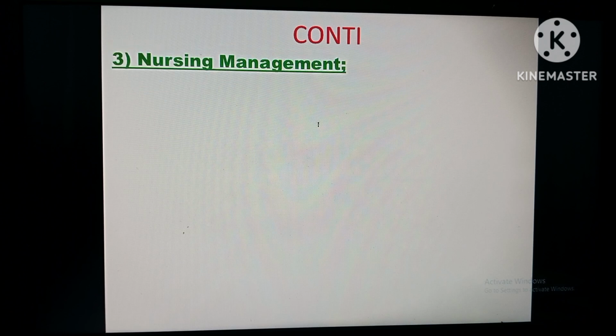So as a nurse, it is our responsibility, nursing management. If the client is undergoing surgery, there will be pre-operative as well as post-operative management. Pre-operative assessment includes history collection as well as physical examination, the ability to empty his bladder, family history, any drug history, signs and symptoms, everything has to be assessed, as well as head to foot.